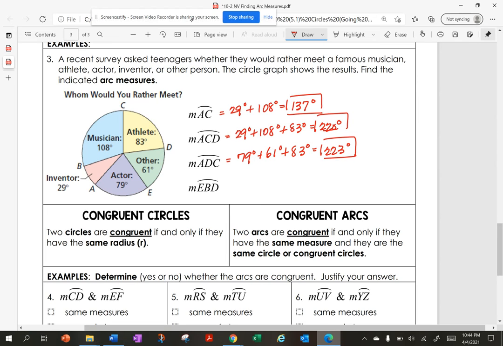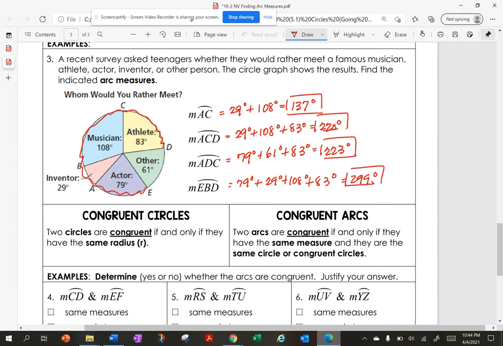The measure of EBD. So E, then I'm going to B, and all the way around to D. I can either add up all the arcs and say 79 plus 29 plus 108 plus 83 and get 299 degrees.